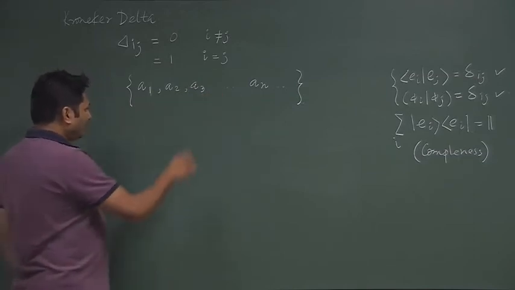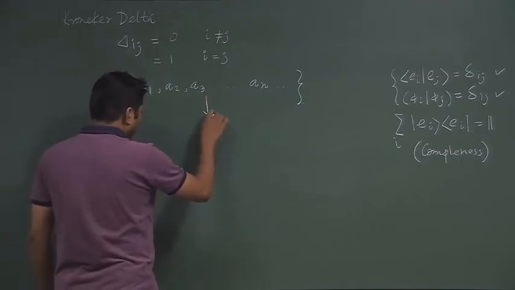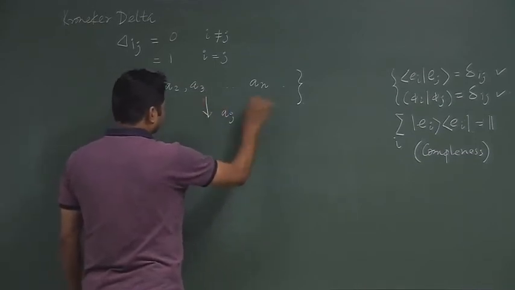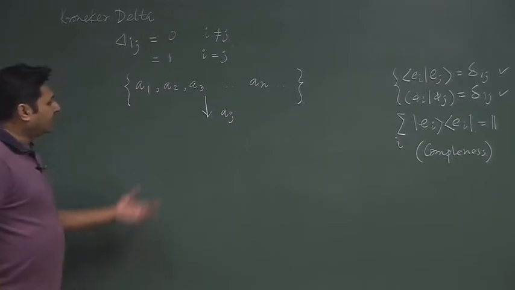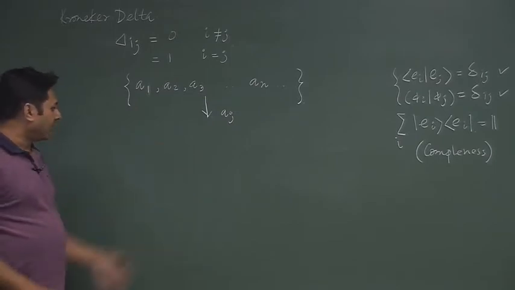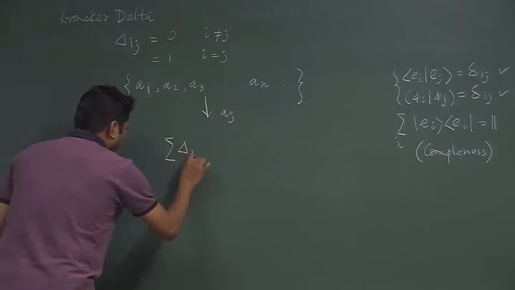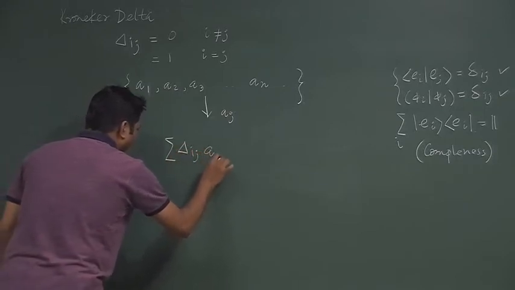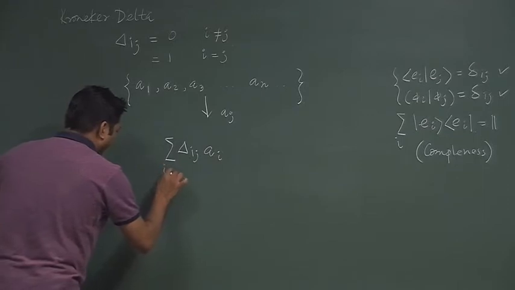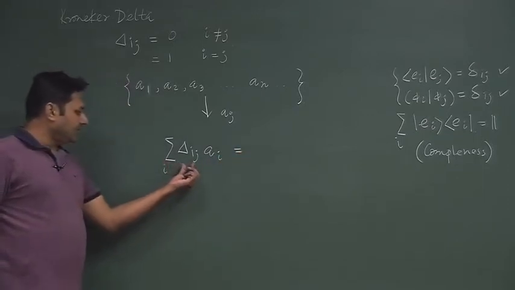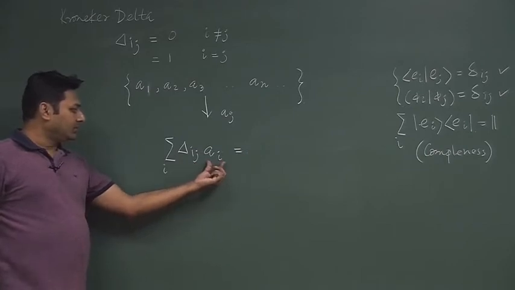Now if I want to choose a particular element, say aj, from this, I can do one operation: I can multiply this quantity with the Kronecker delta over i.